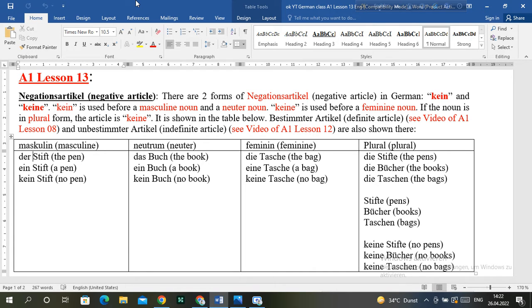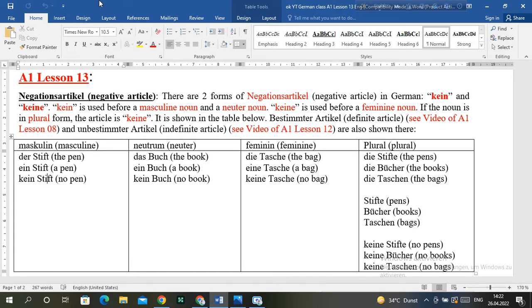Let us take the noun Stift as an example. Stift is masculine. If we want to use a definite article, bestimmte article, before it, the article is der. Der Stift, the pen. Unbestimmte article, indefinite article, is ein Stift, a pen.